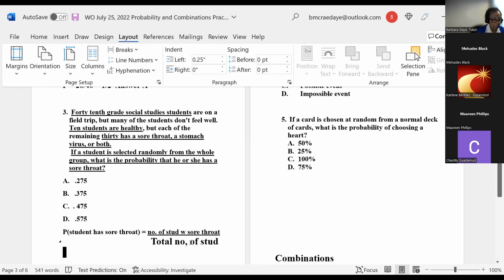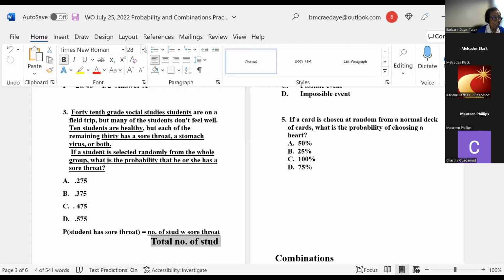You want the total number of all the students right here, right? Just make that 40 10th grade. Yeah, that's the total.